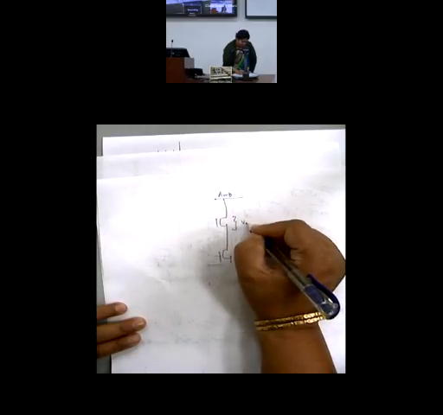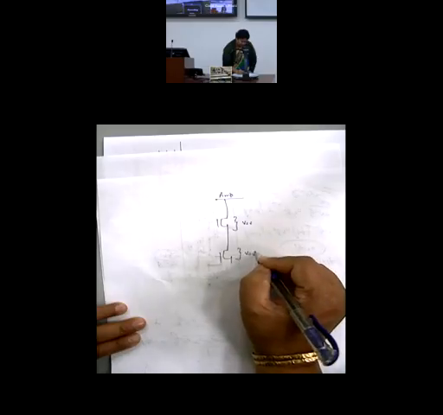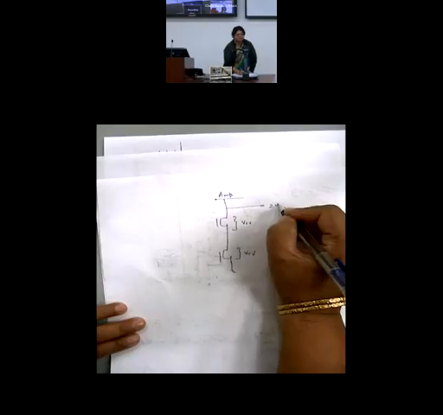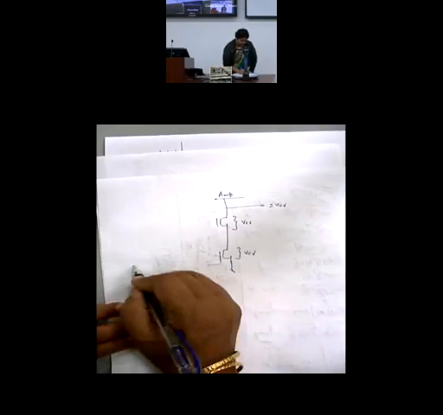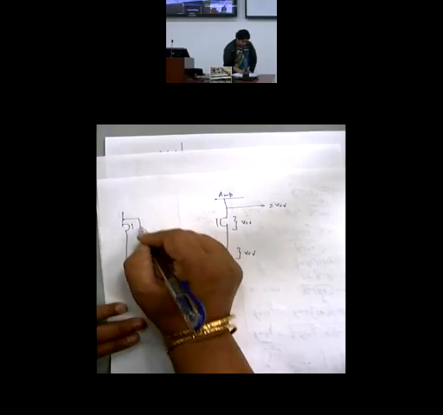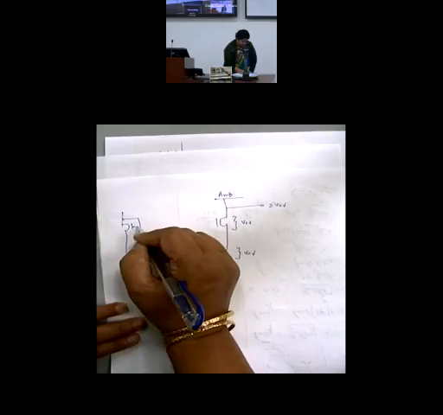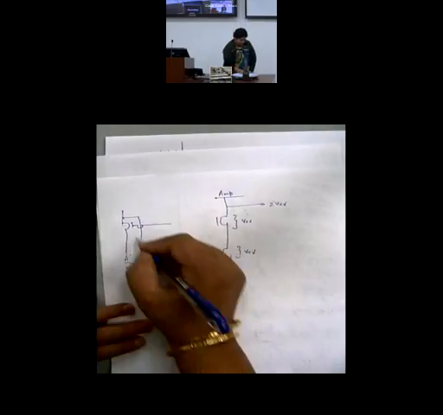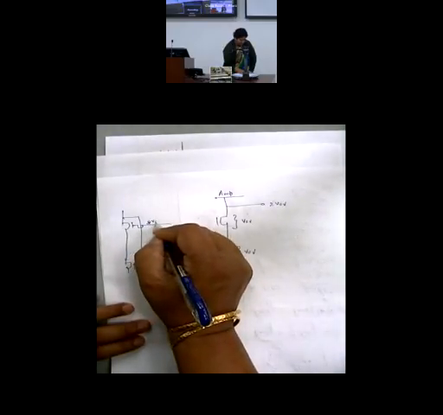I want a V overdrive and a V overdrive here, so that this comes to only 2 V overdrive. I am creating this from a low voltage cascode connection. This is 2 VGS minus VT.